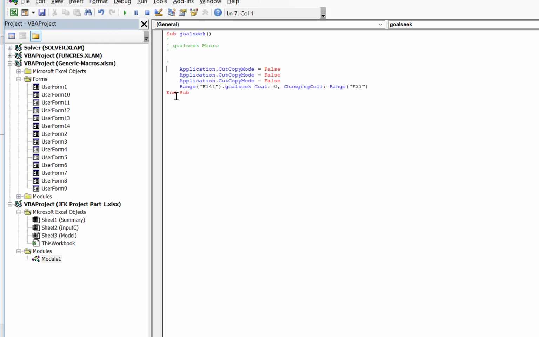Okay, and I don't know why it always does this, and we're changing the NPV to 0 by changing the headline. That's about my limit on remembering range names.